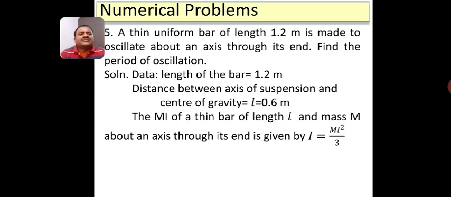And the moment of inertia of a thin bar of length L and mass m about an axis through its end is equal to mL square divided by 3. So we have calculated this while estimating the moment of inertia of various objects. So I is equal to mL square divided by 3.